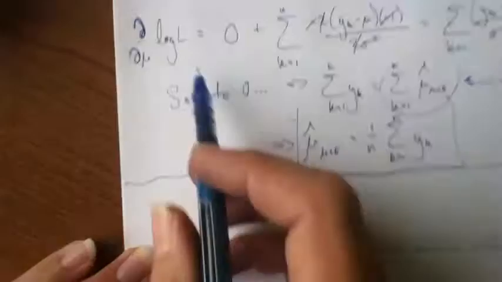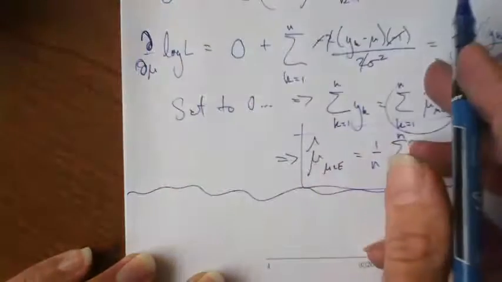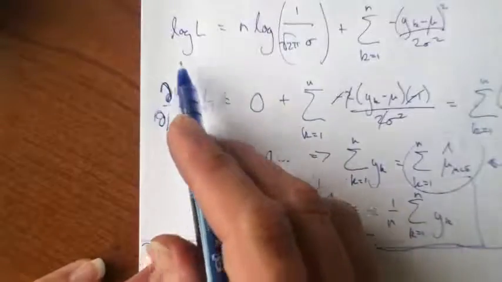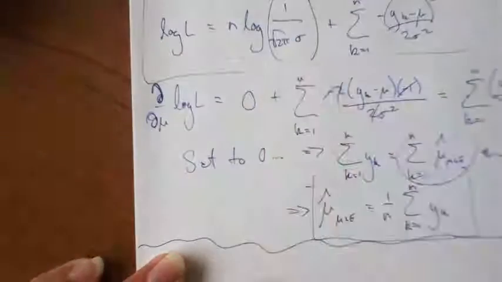So let's go back to our log likelihood function and differentiate it now with respect to sigma.